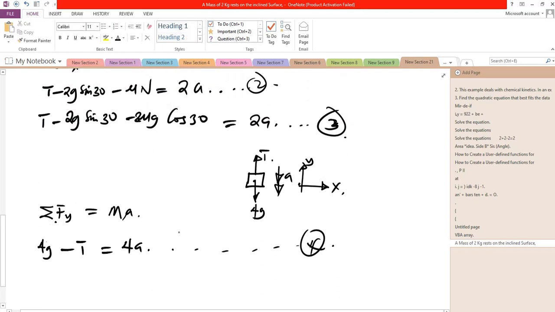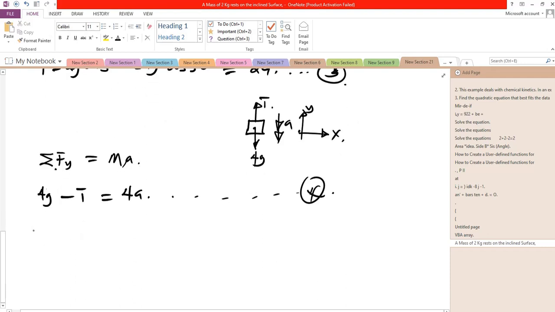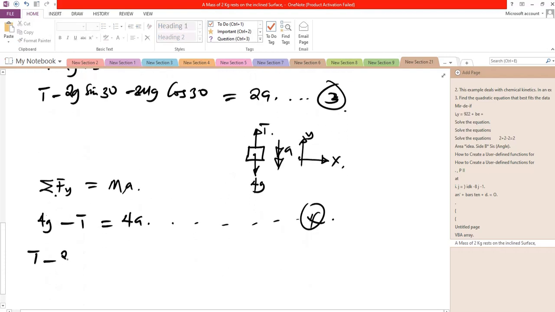Now if we decide to add equations, adding equation 3 and 4 together, let me bring it down. We have T minus 2g sine 30 minus 2 mu g cos 30 is equal to 2a.